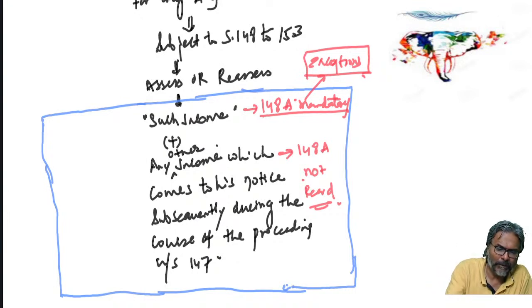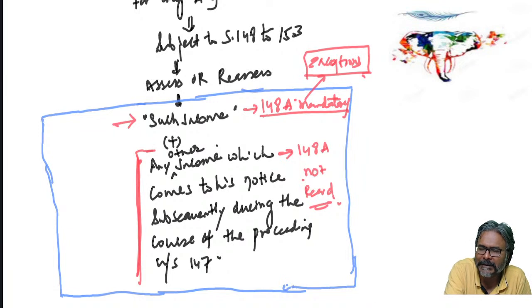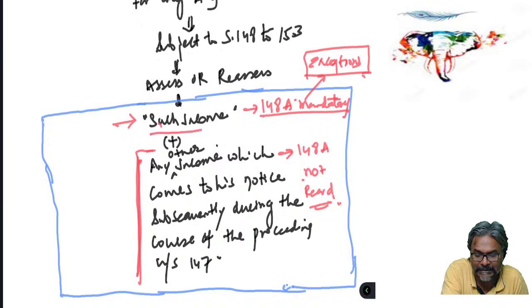However, while the assessment is going on, students, once he starts the assessment under 147, it may so happen that he finds some new items or new materials which didn't come to his notice at the start of the proceedings of 147.